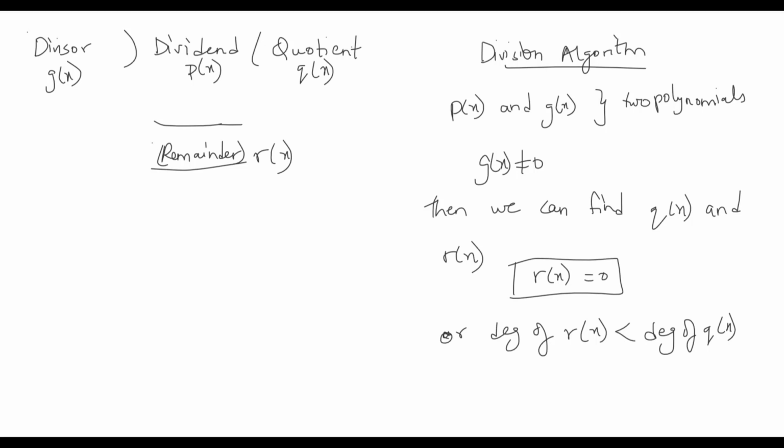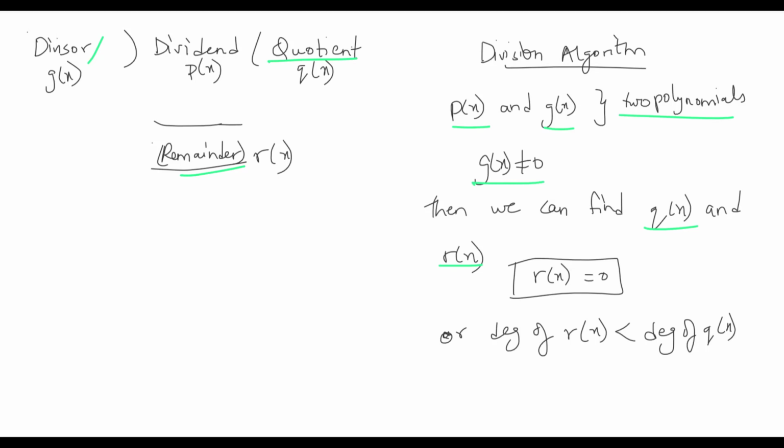So the division algorithm says if p of x and g of x are two polynomials where g of x is not equal to 0, then we can find the quotient and remainder. In our primary class also we learned if you divide using a divisor, then you will get a quotient and a remainder.